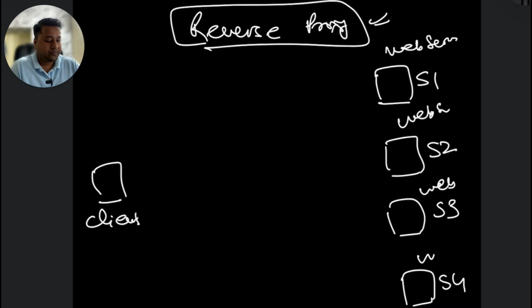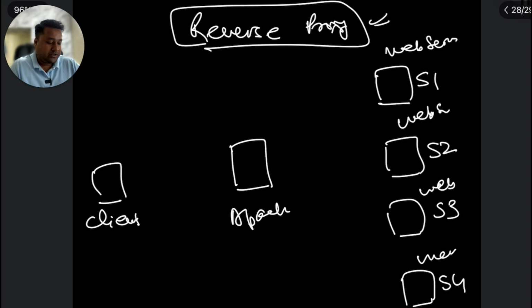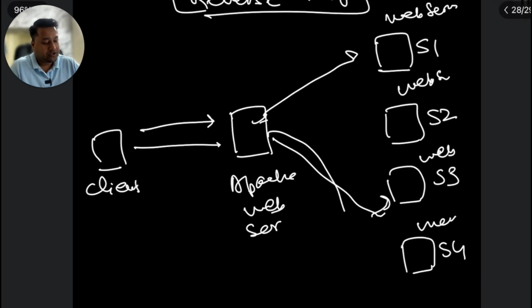So rather than the client directly talking to all these servers, you use, let's say, Apache Web Server in between, and this knows that this particular request I have to route here, this particular request I have to route here, and this one here, right?